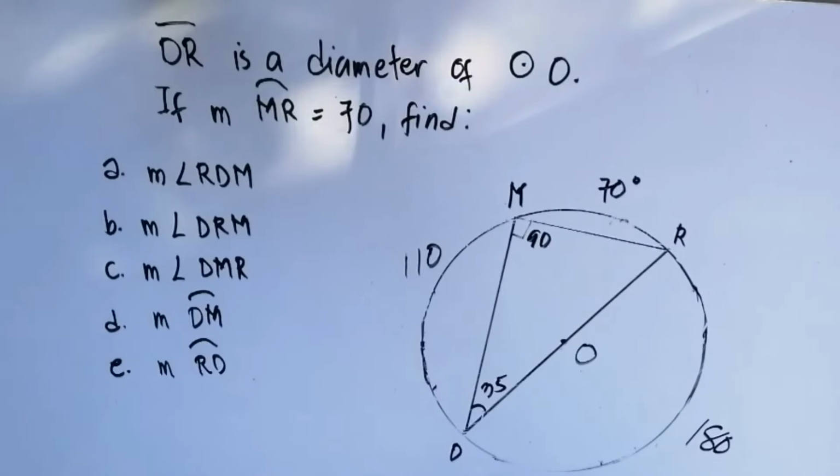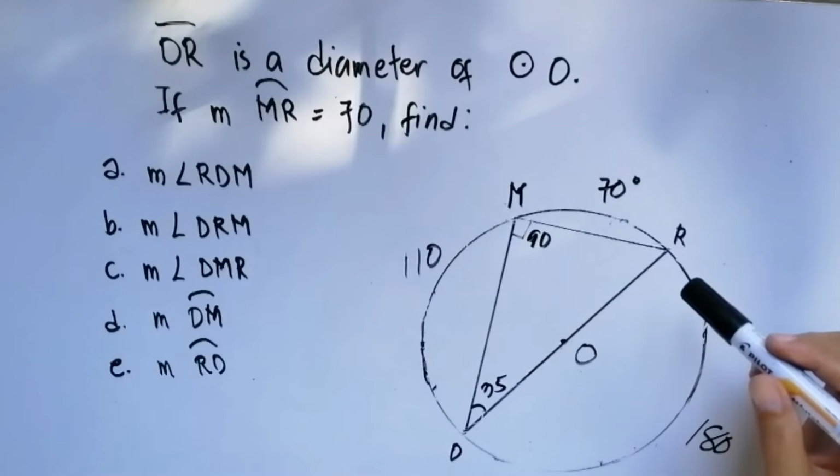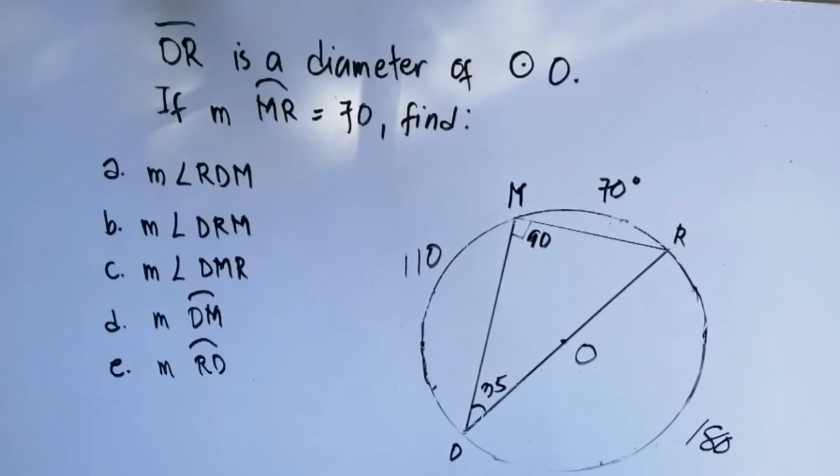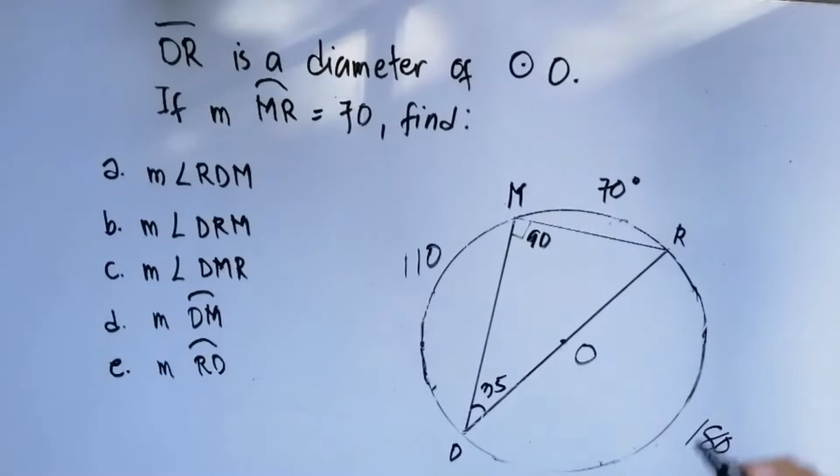Then for angle R, 1/2 of 110 is equal to 55.